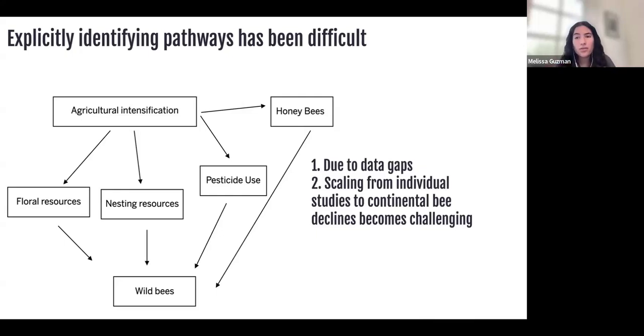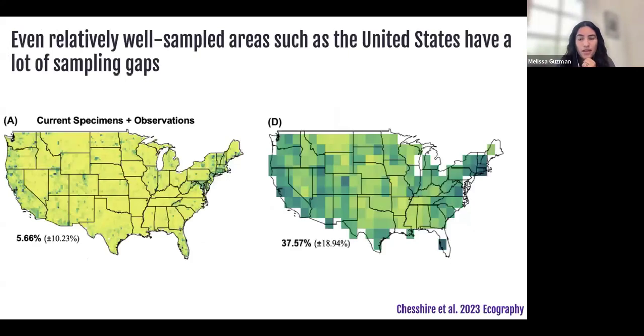One of the main problems that we have is a lot of data gaps, even when we use all the occurrence data that we have. We have a lot of evidence from experiments looking at the effect of pesticides on bees, but less on understanding how that is shaping distributional trends of these species.